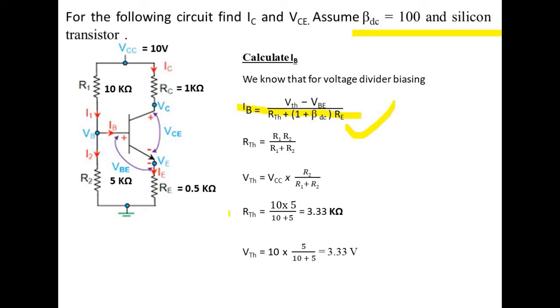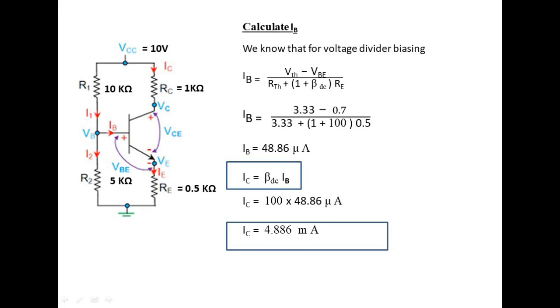Using these formulas, we have got RTH as 10 into 5 upon 10 plus 5. So that we have got RTH as 3.33 kilo ohm. And VTH is equal to 10 into 5 upon 10 plus 5, that is 3.33 volt. Now we can calculate IB. IB is equal to (VTH minus VBE) upon (RTH plus (1 plus beta DC) times RE).